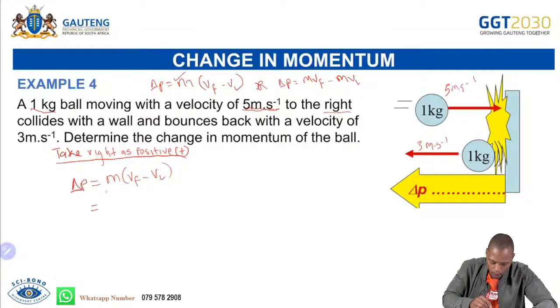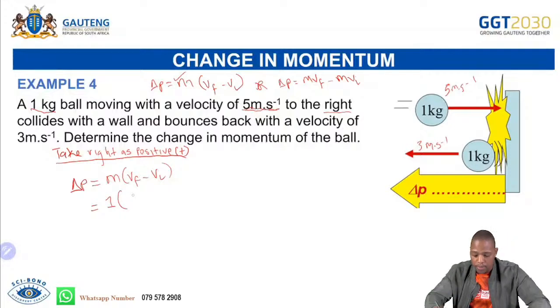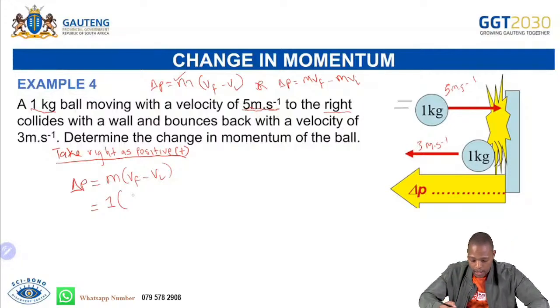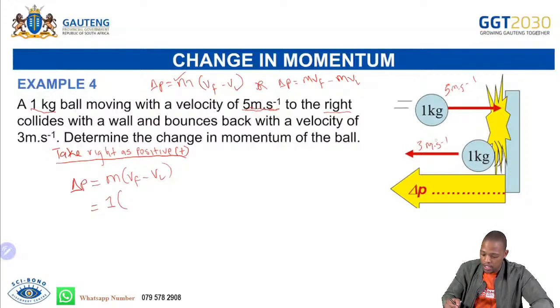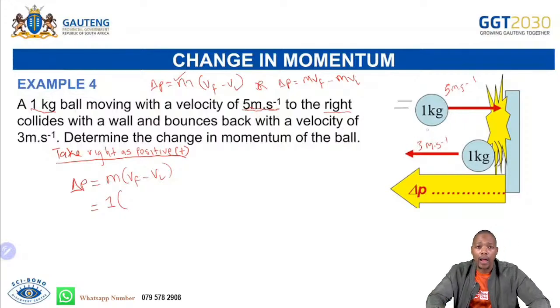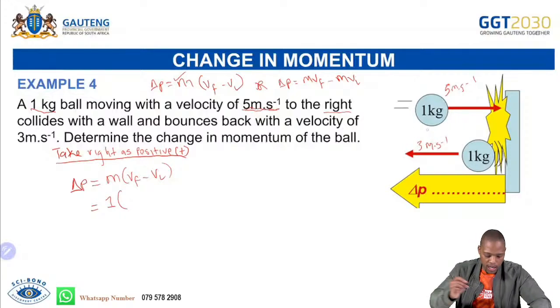So I'm going to say my mass here is 1 kilogram. What is my velocity? Finally, it is moving at 3 meters per second. Now, we have to be very careful. The 3 meters per second is pointing to the left. However, we said to the right must be positive, so anything that points to the left must be negative. Very crucial here.